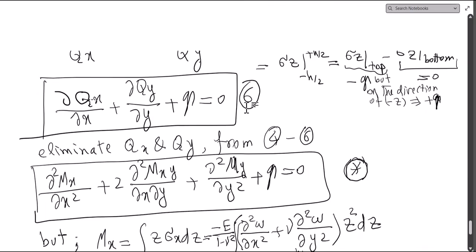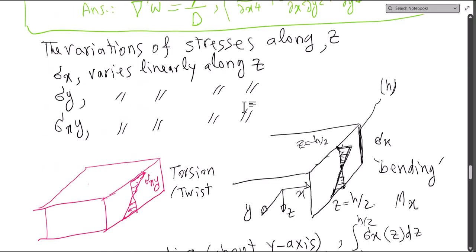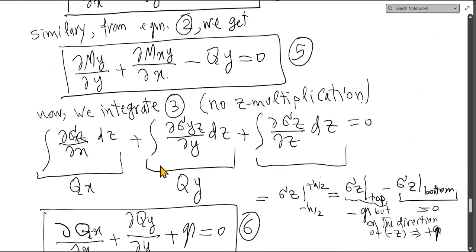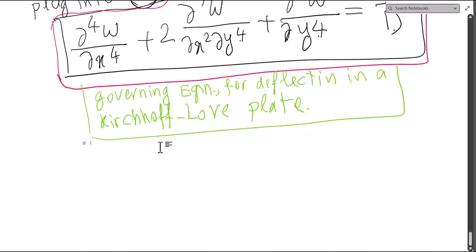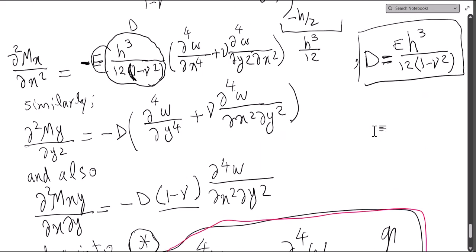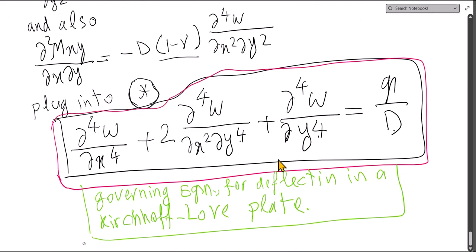As I mentioned at the beginning of this part, this is also written as biharmonic, which is the Laplacian of Laplacian of W. So basically what we are saying here is that it's a fourth order partial differential equation. The Laplacian of Laplacian of W should satisfy this equation according to the applied load and some constant that we defined here, according to the material property and the h and mu.